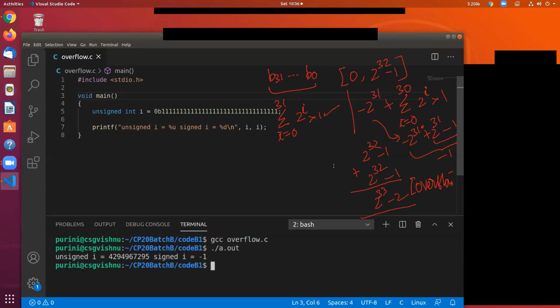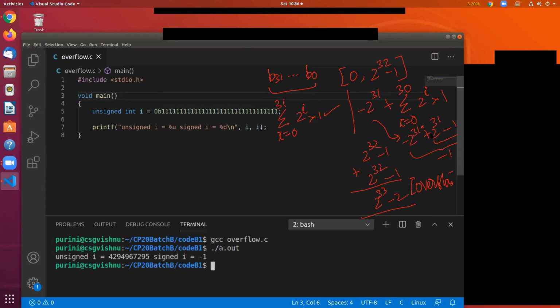What is the 2's complement function? If you interpret this as a 2's complement number, then the most significant bit value is minus 2 power 31, and the value of the rest of the bits is obtained by summing them up: sigma I equal to 0 to 30, 2 power I into 1. This summation is 2 power 31 minus 1, and this is minus 2 power 31.